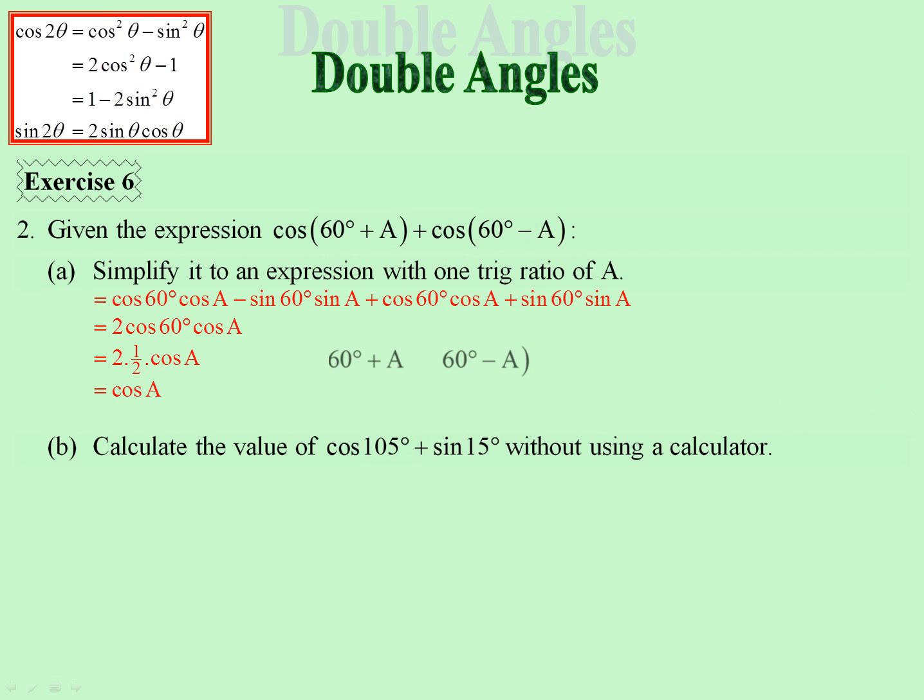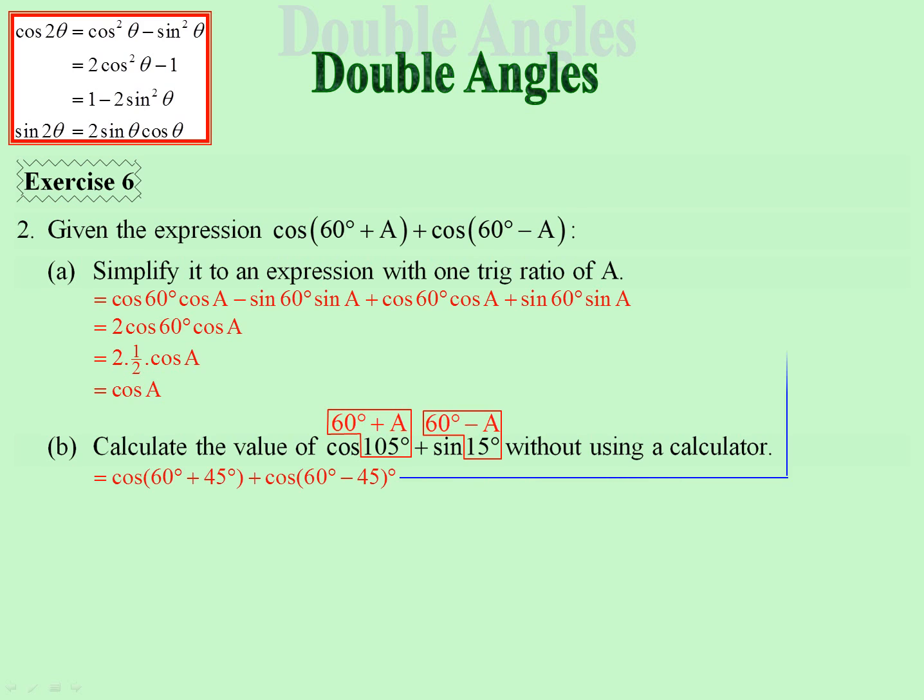Let's look again. There we are. There's your 60 plus A. There's your 60 minus A. So 60 plus what, 60 minus the same thing, give you those two values. Rack your brains on that one. A must be 45. There we are. So I'm going to write cos of 60 plus 45, cos of 60 minus 45, to fit that pattern there.